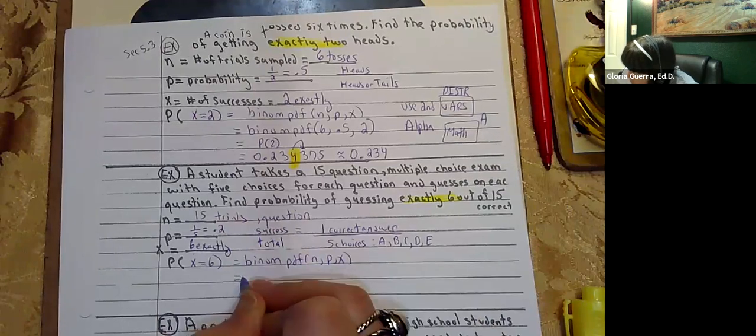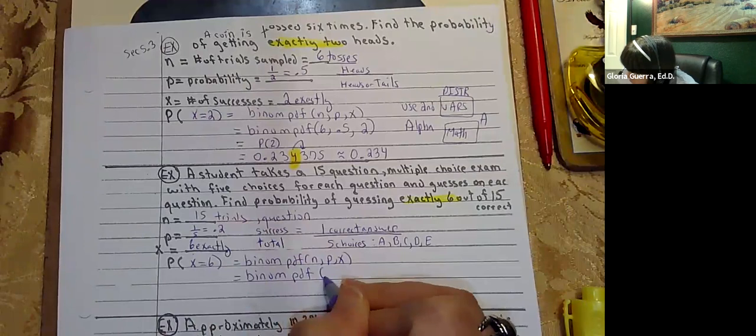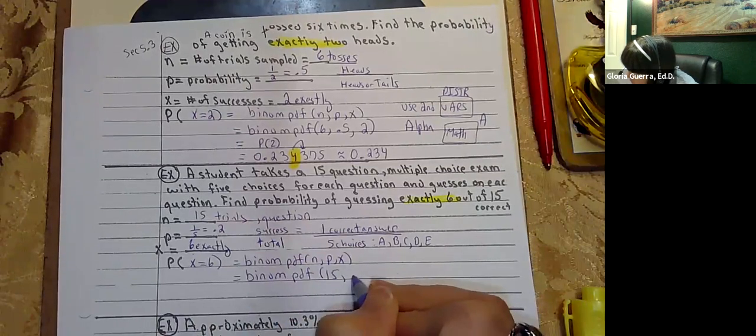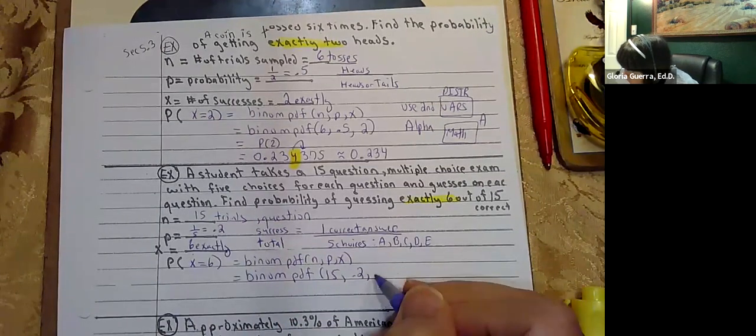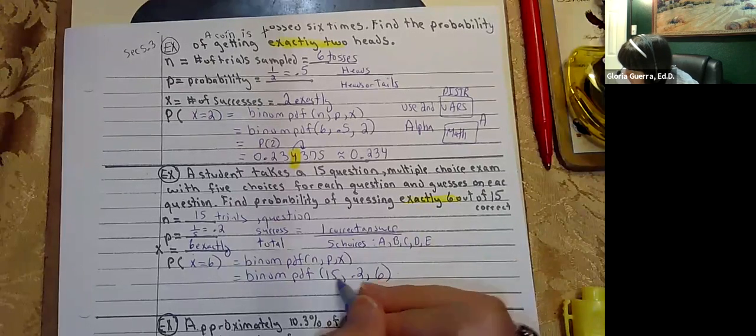Let's do your substitutions. Binomial PDF, N is 15, P is 0.2, and X is 6, exactly 6.